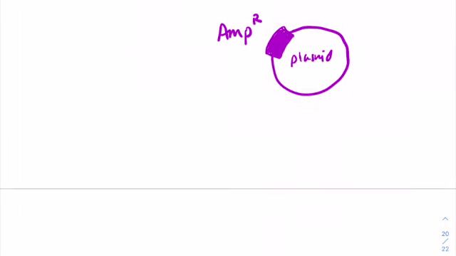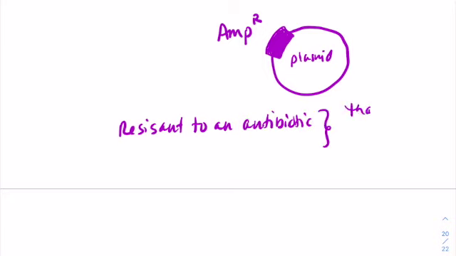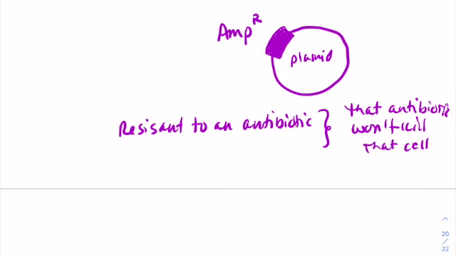So if something is resistant to an antibiotic, that antibiotic won't kill that cell. And I'm just putting it out there because sometimes students have gotten hung up on the language before.